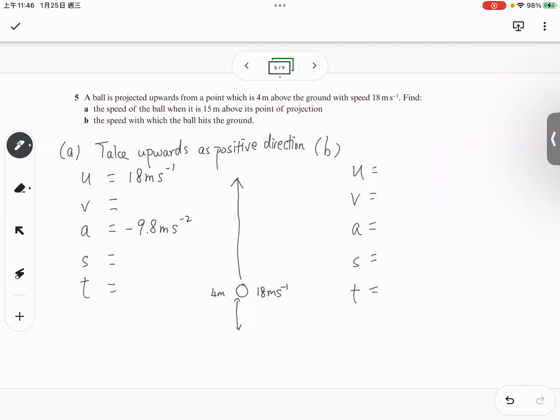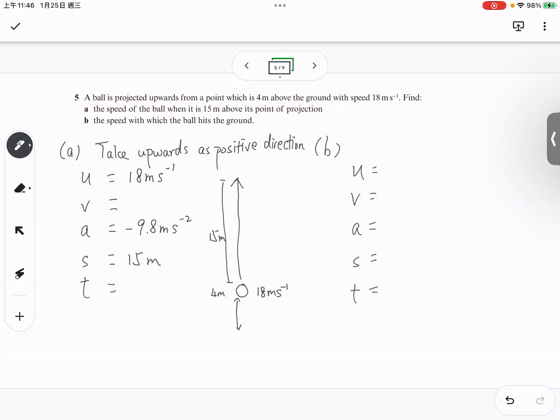Okay, now we are going to find the speed of the ball when it is 50 meters above the point of projection. So this time s is 50 meters, and I'm going to find the speed of the ball.